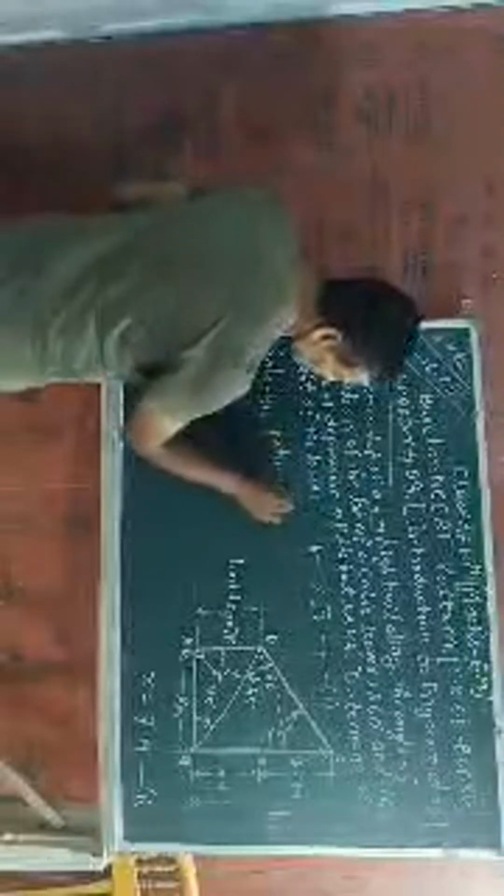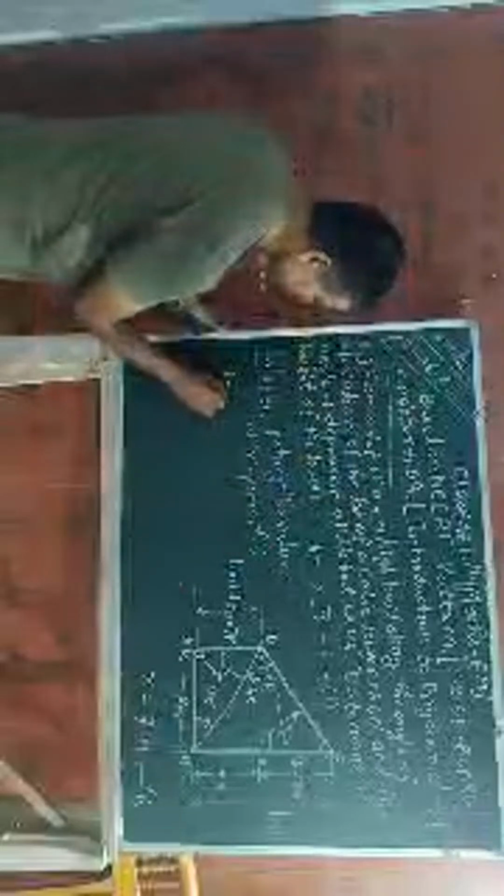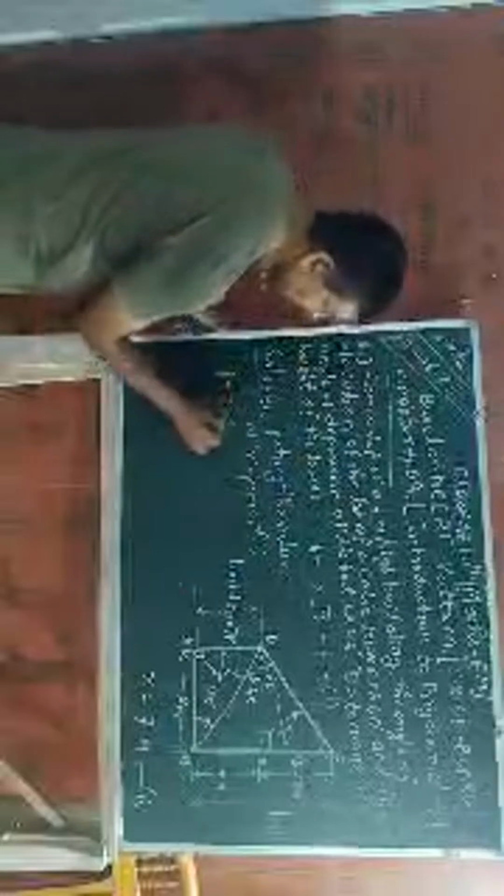Here I will write one statement: putting the value of x from equation 2. This is equation number 2. From equation 2 in equation number 1, and then we get.